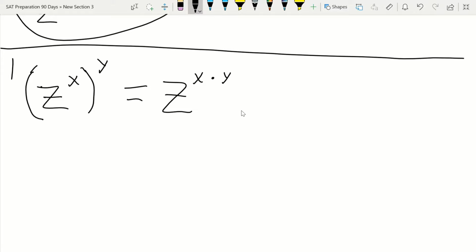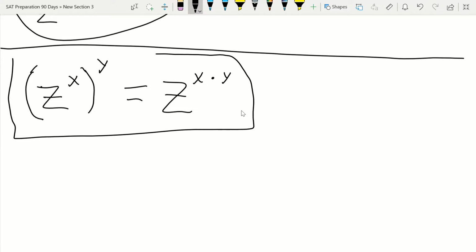So this is the equation that you need to put in your notes. If we have z raised to the x in parentheses, and then raised to the y, so we're taking a power and raising it to another power, that means we have to multiply those powers together. So if we say x is equal to 13, and y is equal to, let's do an easy number here, 3.